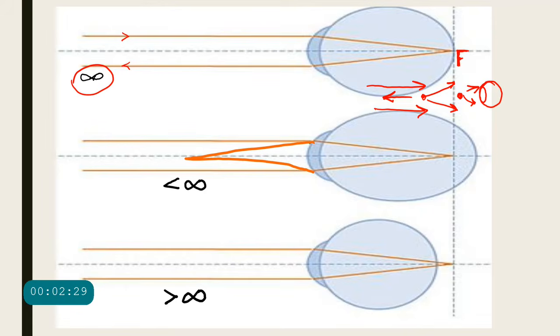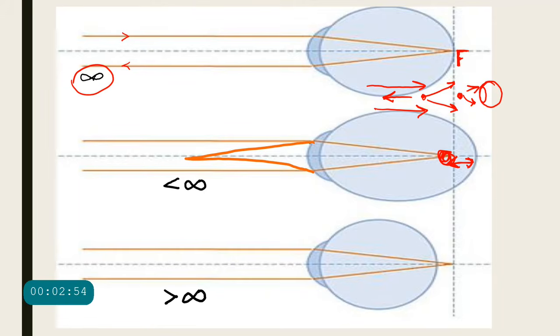Now, let us talk about the myopic eye. In myopic eye, we know that the image is not formed onto the fovea. Instead, the image will actually be formed in front of the fovea, that is over here. The image is formed in front of the fovea. So as I told you, the conjugate point for the fovea or for the focusing point should actually be the far point.